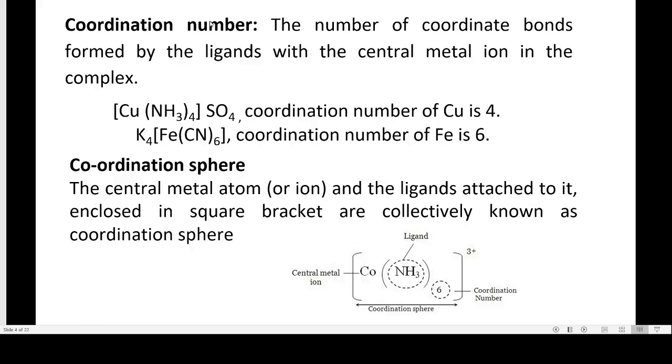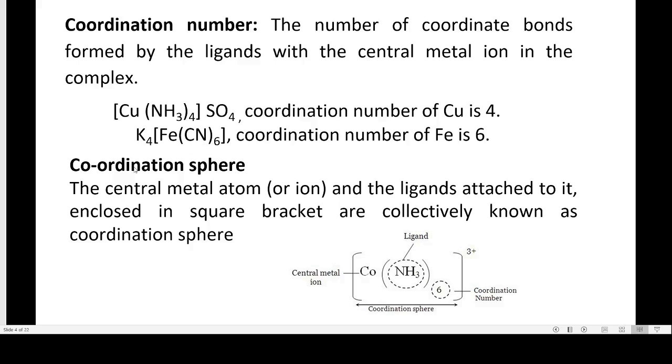The important term in coordination chemistry is coordination number. It is the number of coordinate bonds formed by the ligands with the central metal ion in the complex. In this example, 4 ammonia molecules form coordinate bonds with the copper, so the coordination number of copper is 4. And in this example, the coordination number of iron is 6.